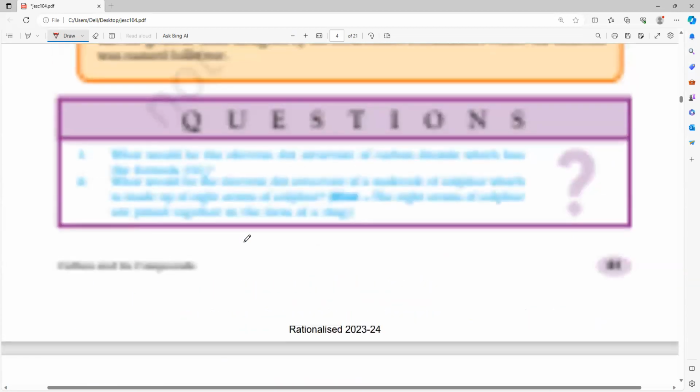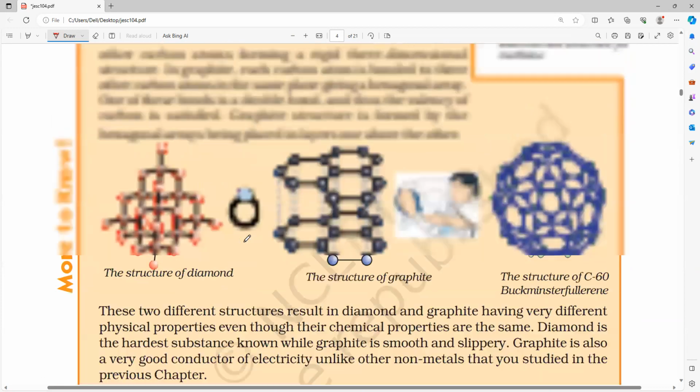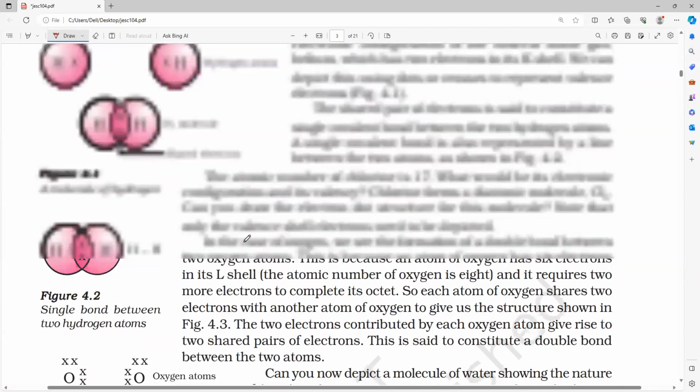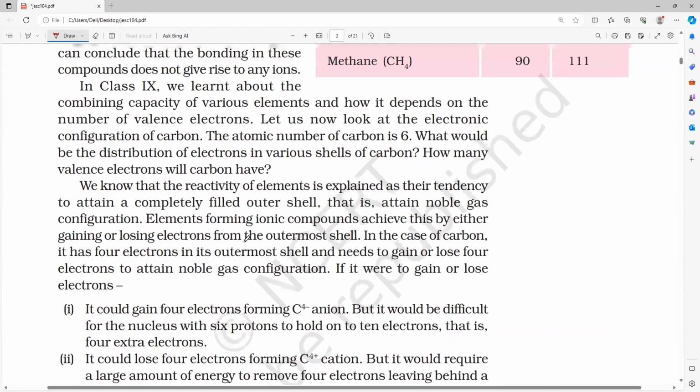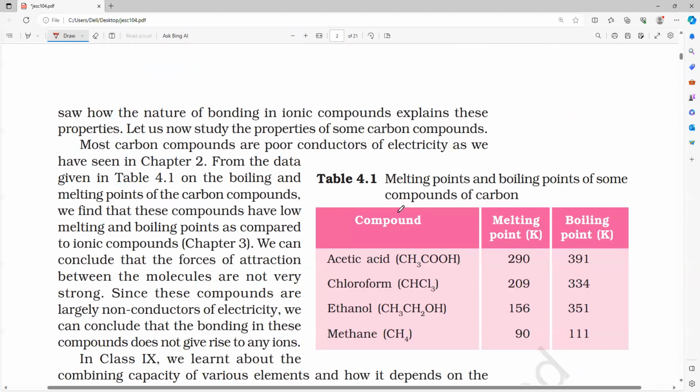Before studying that, there is a tabular column, you can notice, with the melting and boiling points of some compounds of carbon. All of you keep adding that, and then we'll shift to the hydrocarbons.